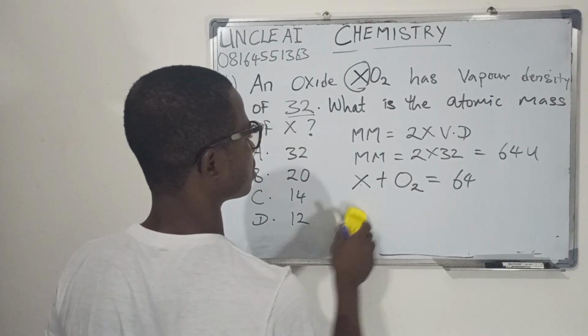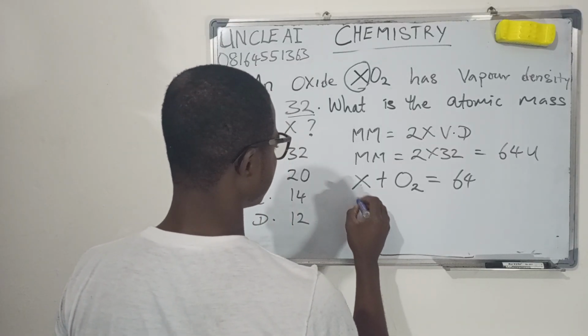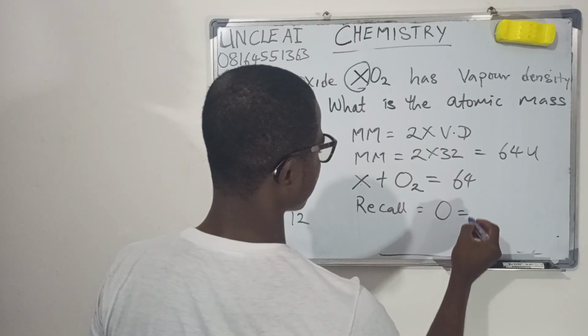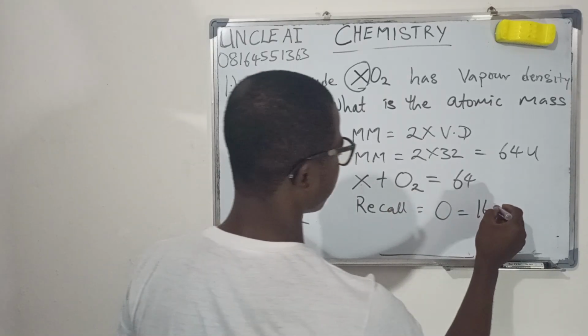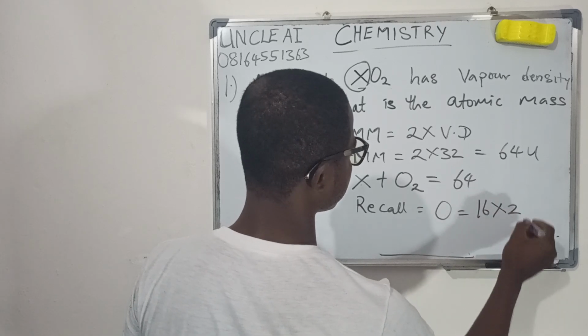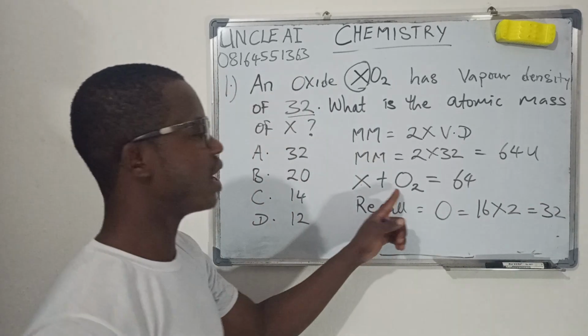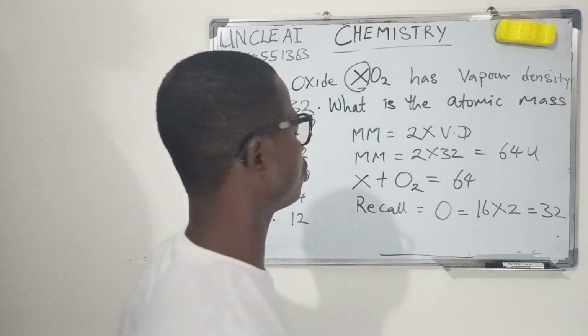Then at this point, you recall again that oxygen has atomic mass of 16. In its molecular form, you multiply 16 by 2 to give us 32. So the molecular mass of oxygen is 32.